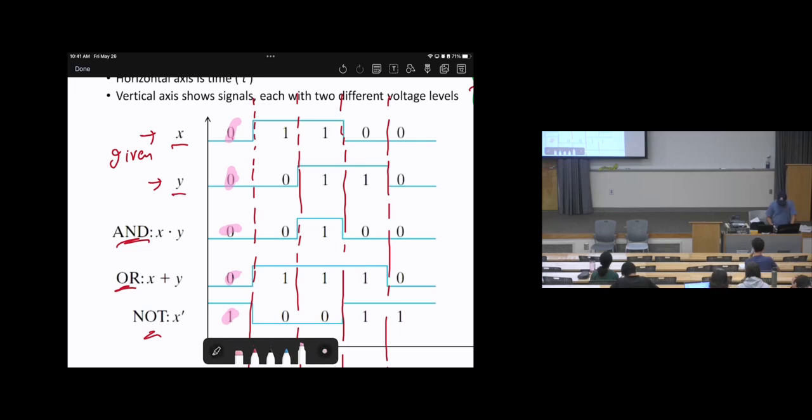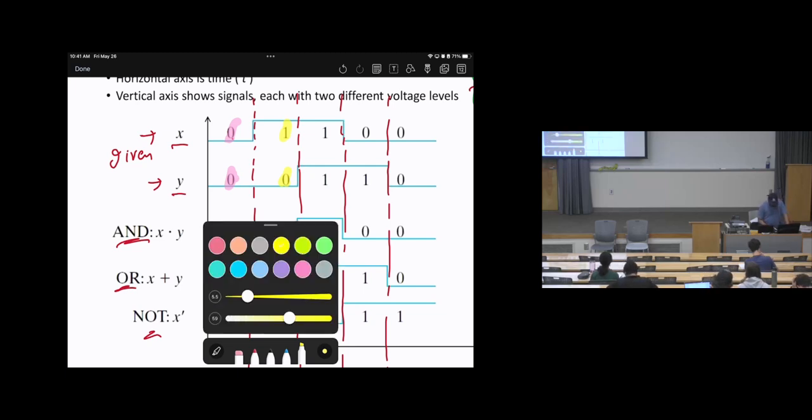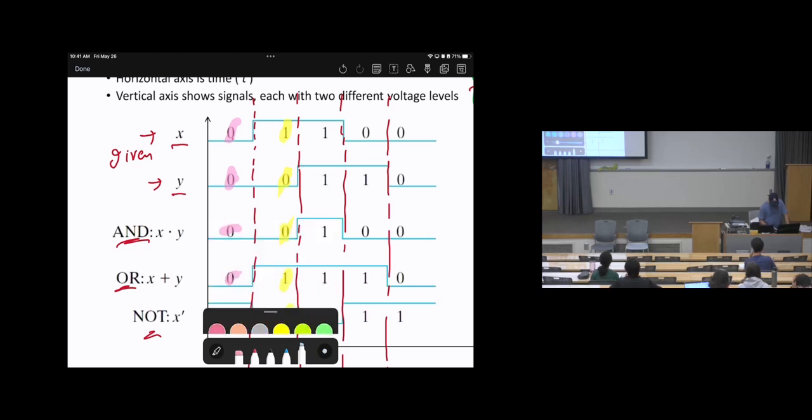Now, whenever we have 1 at X and 0 at Y, their multiplication will be 0, their addition is 1, NOT of X, which is NOT of 1, will be 0. Just straightforward. How about here where X is 1 and Y is 1? Now their AND is 1, their OR is 1, the NOT of X is 0.